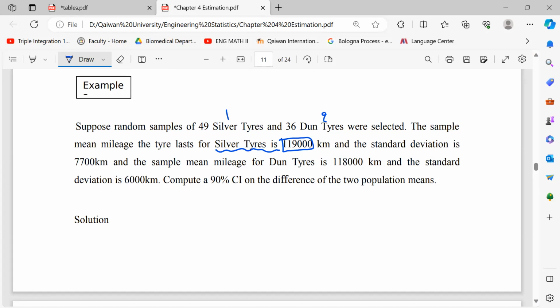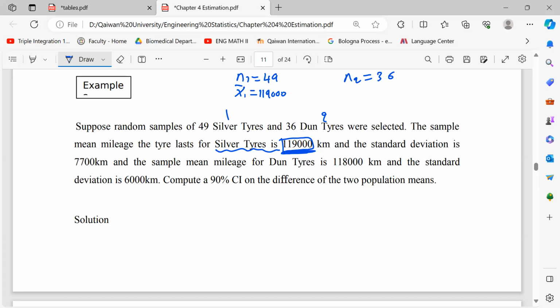We have 2 types of tires, and each of these 2 types has some properties. The properties are given. Now, N1 is 49. And N2 is 36. Then, for silvers, we name it 1. This is the X bar, X bar for the first type. So X1 bar is 119,000.